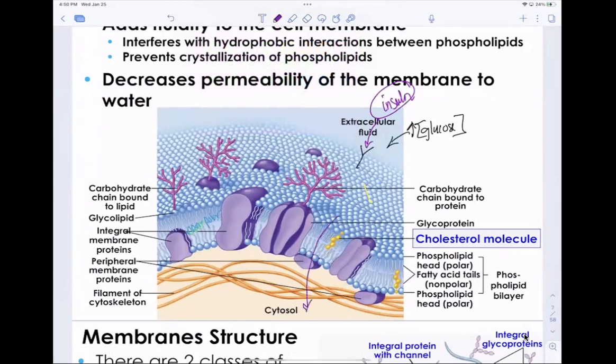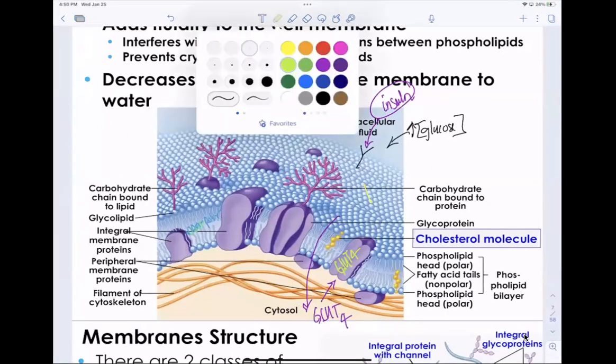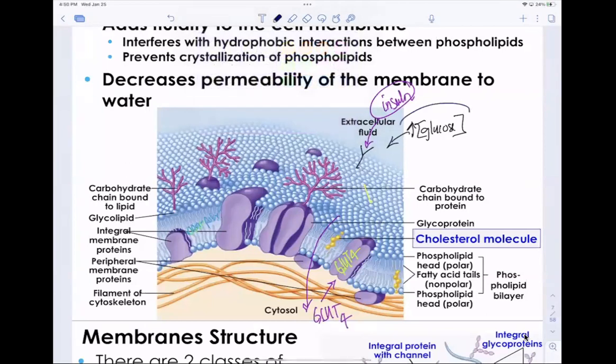That's going to trigger GLUT4 protein channels to then be inserted. So we're going to call this one a GLUT4. And this channel protein gets inserted, and that then allows glucose to go from a high in the interstitial fluid into the cell, which is lower, and facilitates diffusion.